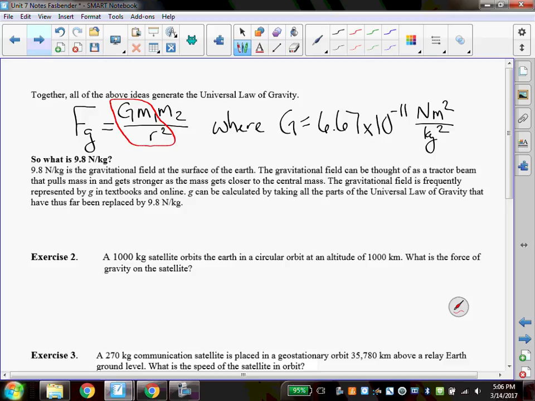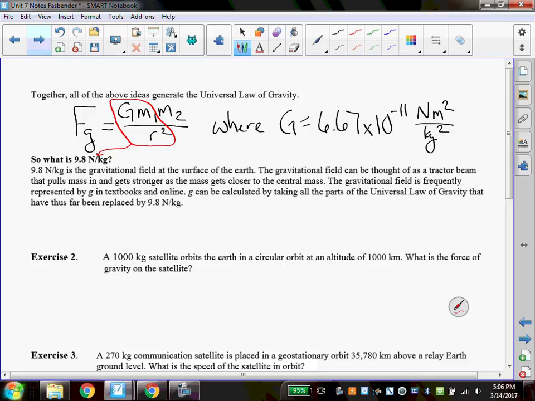So all of this was trapped inside of that 9.8 newtons per kilogram. Now, this is actually referring to something called the gravitational field, which can kind of be thought of as a tractor beam. It pulls masses towards each other, and the effectiveness of that tractor beam increases as the separation between those two masses decreases.